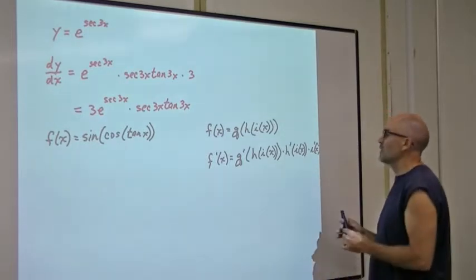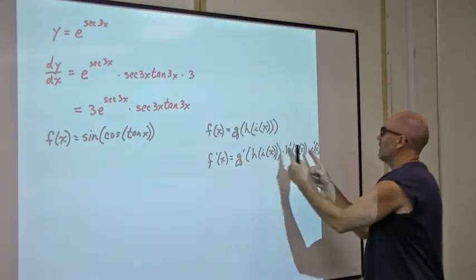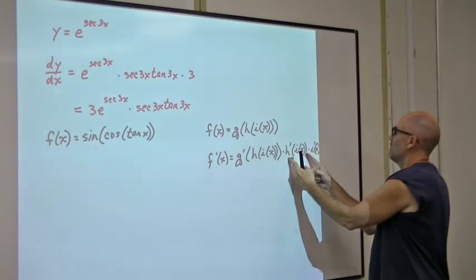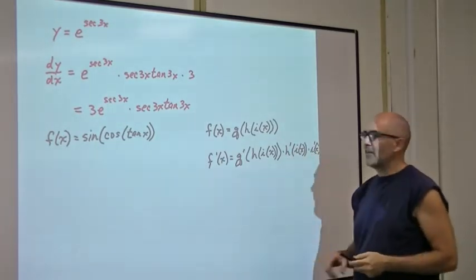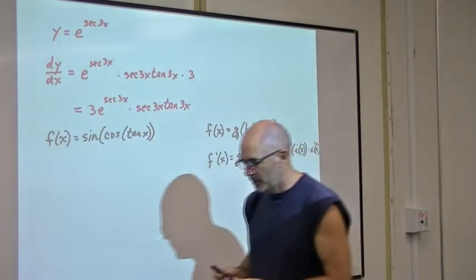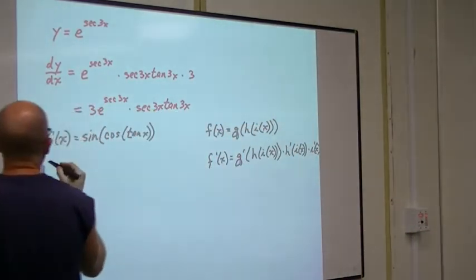Notice we take the derivative of the outer shell, then times the derivative of the middle shell, then times the derivative of the inside.